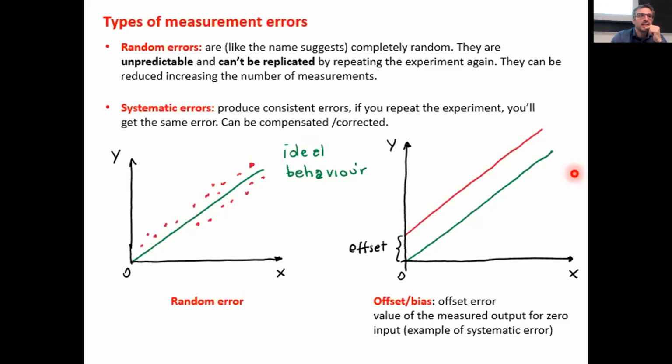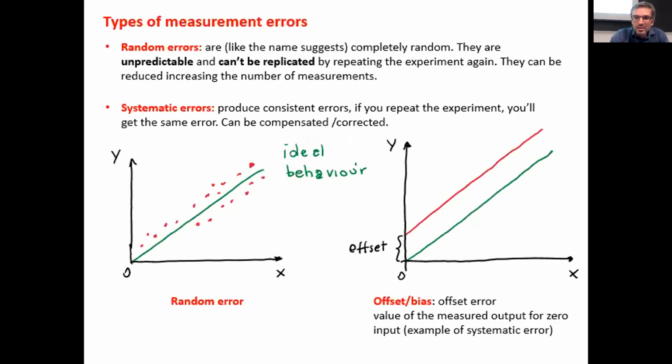Systematic errors, instead, are the errors that are consistent across different measurements. If you repeat the experiment, you will get the same error. And these errors can be compensated or corrected with proper compensation.